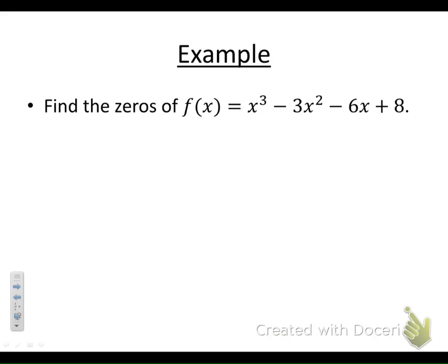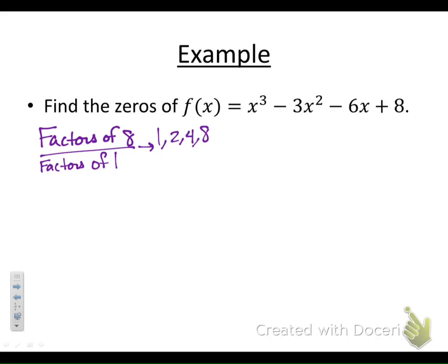Okay. And I start making a list: 1 and 8, 2 and 4. And I'm going to check to see, okay, if they were divided by the only factor for 1. So really I'm looking at plus or minus 1, 2, 4, 8.